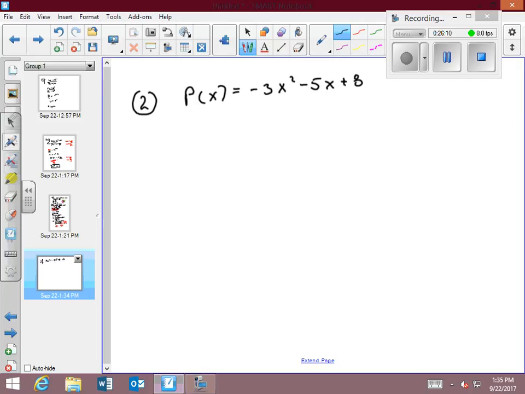You can write it as a function. It's a function. Now they're saying evaluate that at minus 5. Now we've done this before. What it is, you go minus 3, and in place of the x, what do you put? So you put minus 5 in place of the x, wherever it appears.